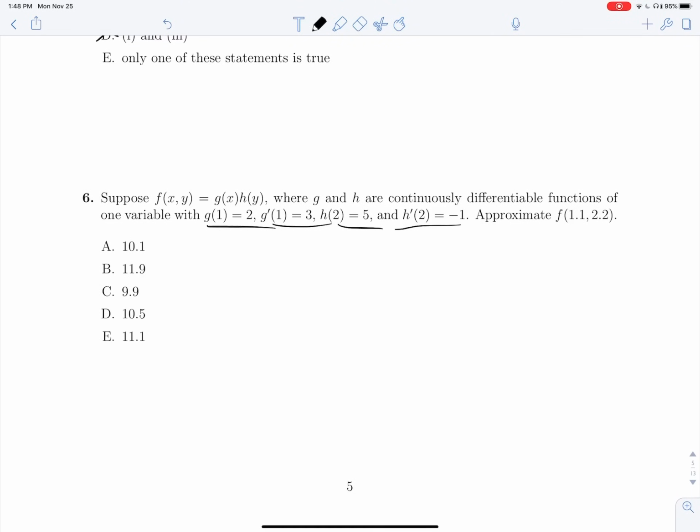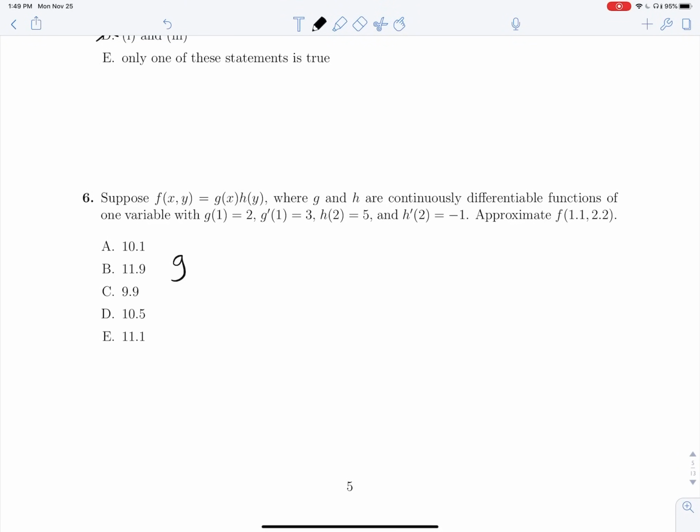And we're meant to approximate f of (1.1, 2.2). So we can do this using differentials.